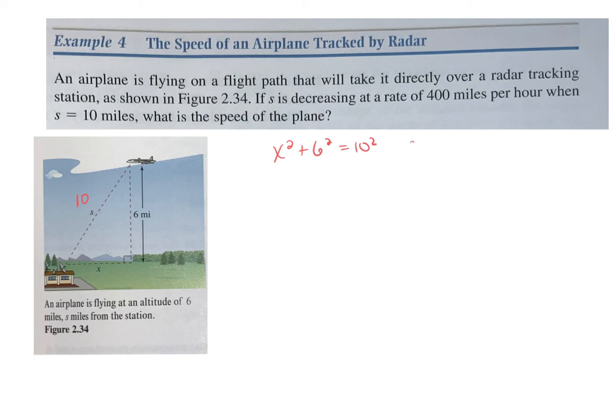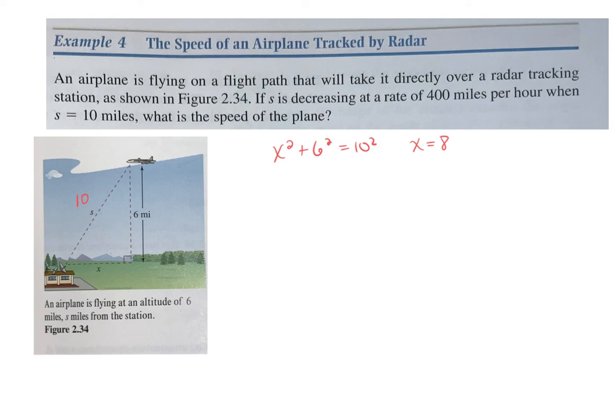So we can actually figure out that x is 8, right? 100 minus 36 is 64, and then the square root of 64 is 8. So we actually know when s is 10, when the height is 6, and when the horizontal distance is 8, right? So we know that it is 8, 6, and 10 here, because that's how it has to be. It's a perfect Pythagorean triple.